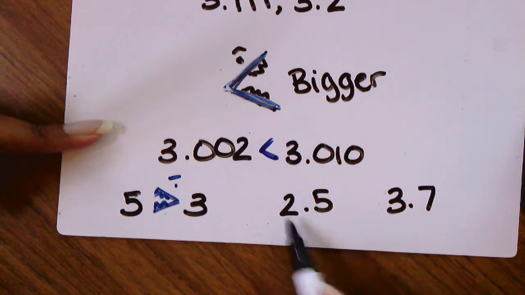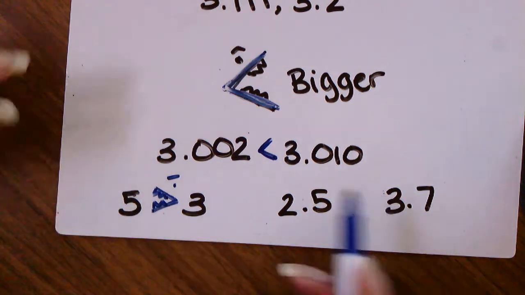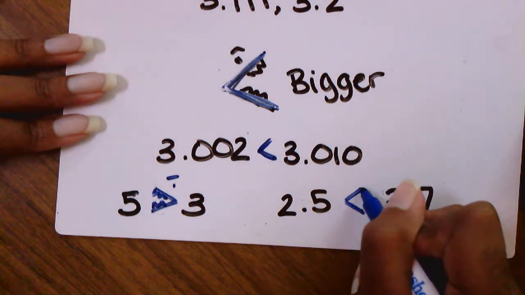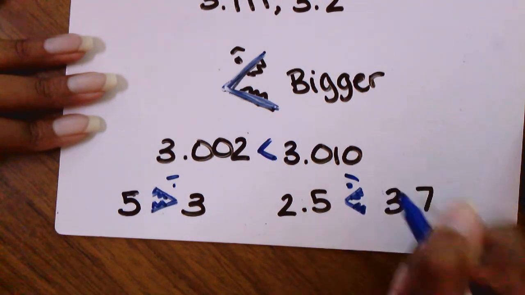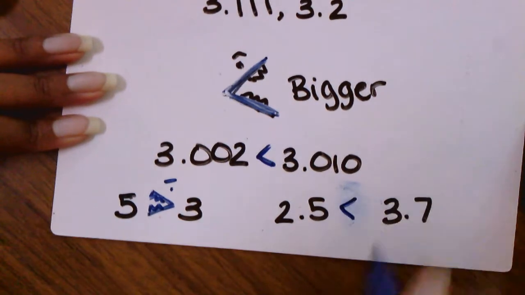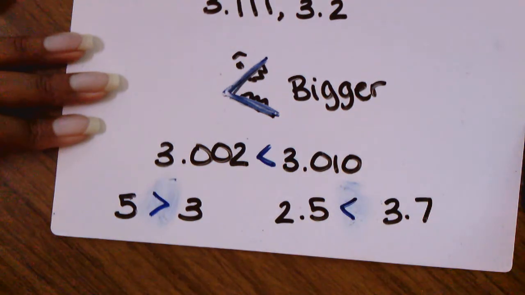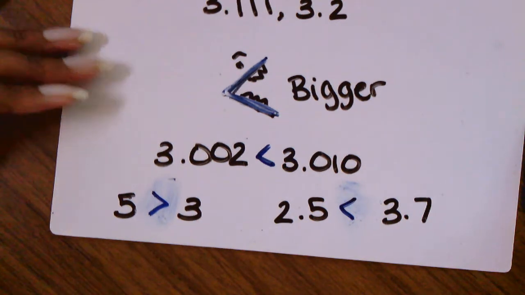We know that 2 point anything is less than 3 point anything, so which one is the bigger number? This one, the one that the alligator is going to be eating. Without the alligator face, we just have our inequality sign. All right? Hope that helps.